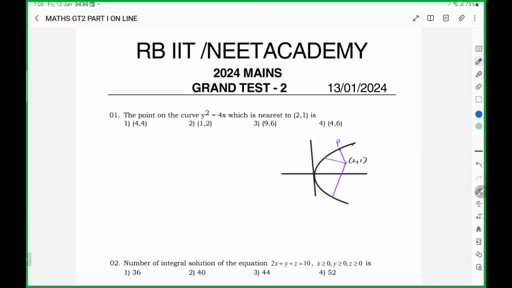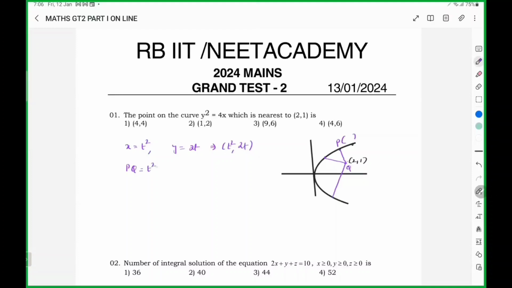So here, any point on the parabola means let us take x as t square, y will be 2t. So that is (t square, 2t), any point on the parabola. What we have to find out is the nearest point P's coordinates.